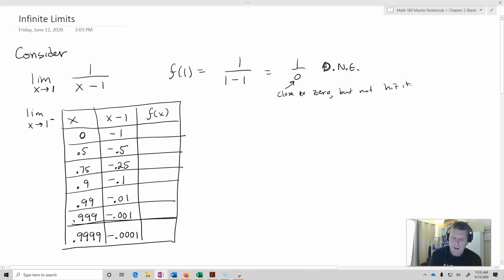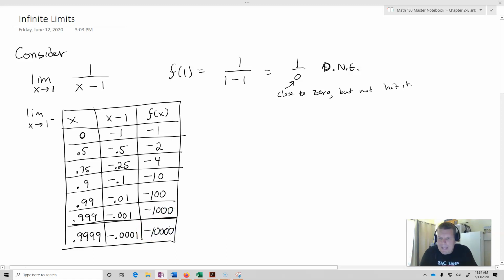But what happens to 1 over x minus 1 then? For 0, it's just negative 1. For 0.5, it's 1 over negative 0.5, so that's negative 2. Then 1 over negative 0.25, and you should use your calculator to actually do this, it's a great opportunity to get some number sense, is negative 4. Then we go to negative 10, negative 100, negative 1,000, and negative 10,000.